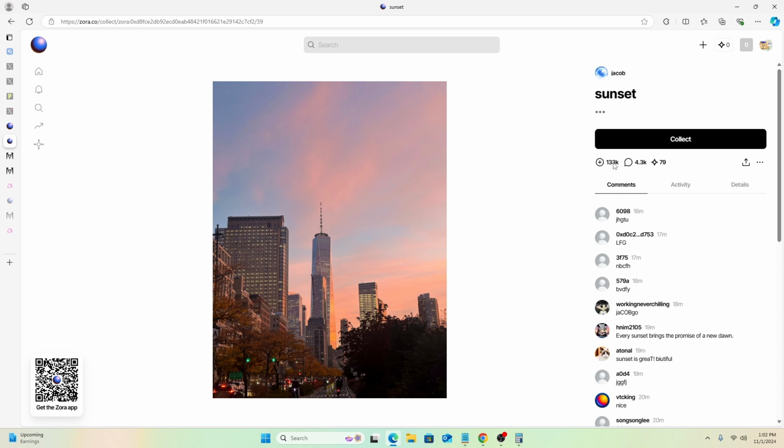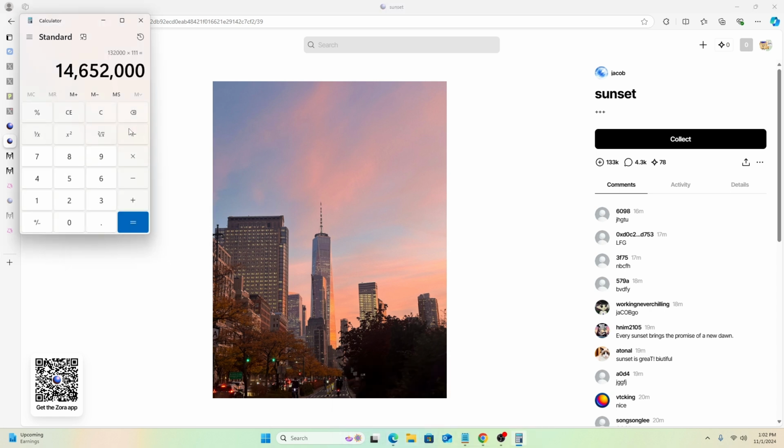Okay, so now that's paired with, now if we multiply 13,000 times 0.3 divided by the price of ETH, so let's say 225.